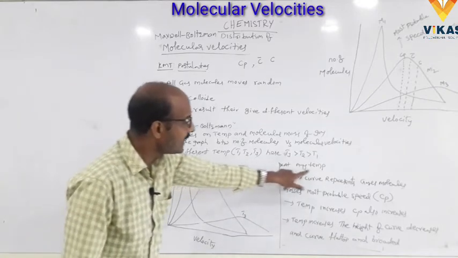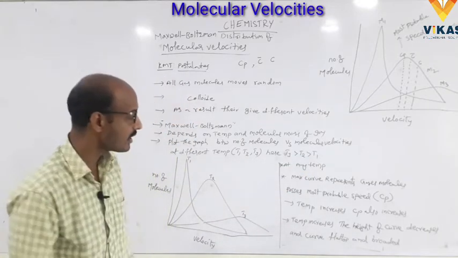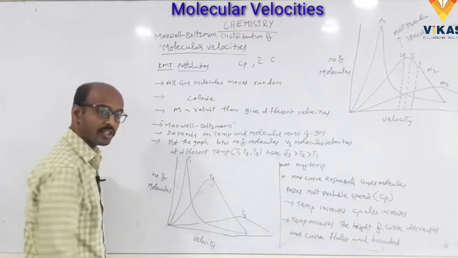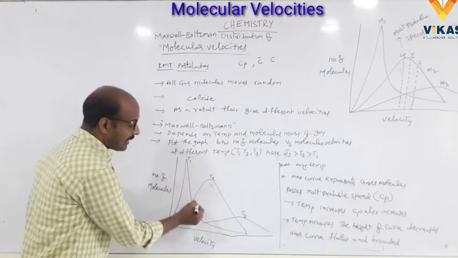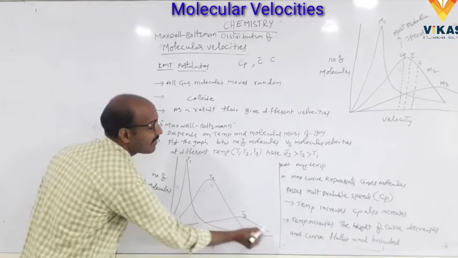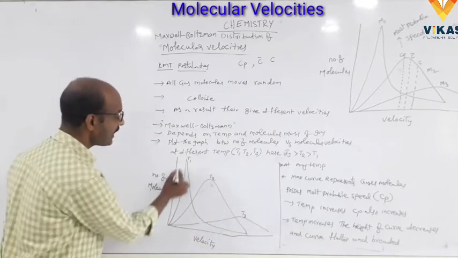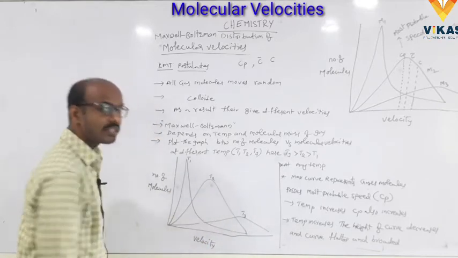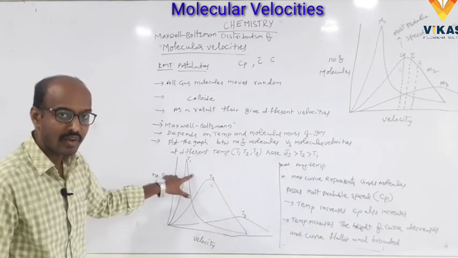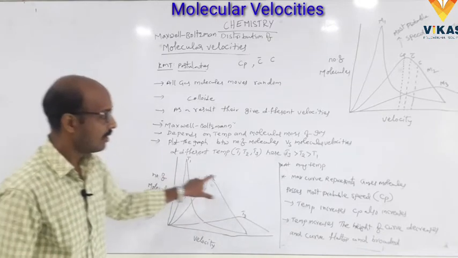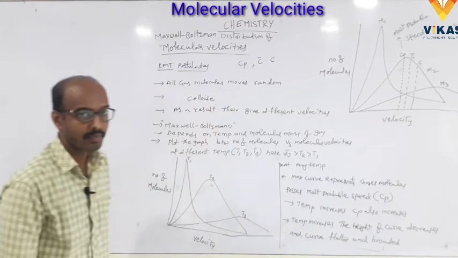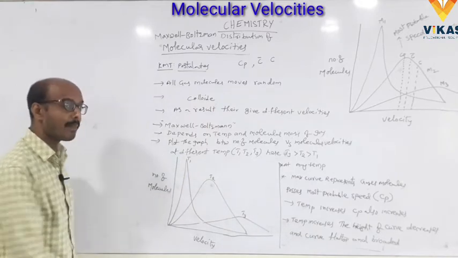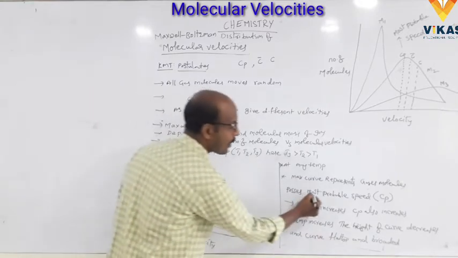At any temperature the molecules have different velocities. As the temperature increases, it gives high velocity values and low velocity values. The maximum of the curve represents the speed possessed by the maximum number of molecules, called the most probable speed.